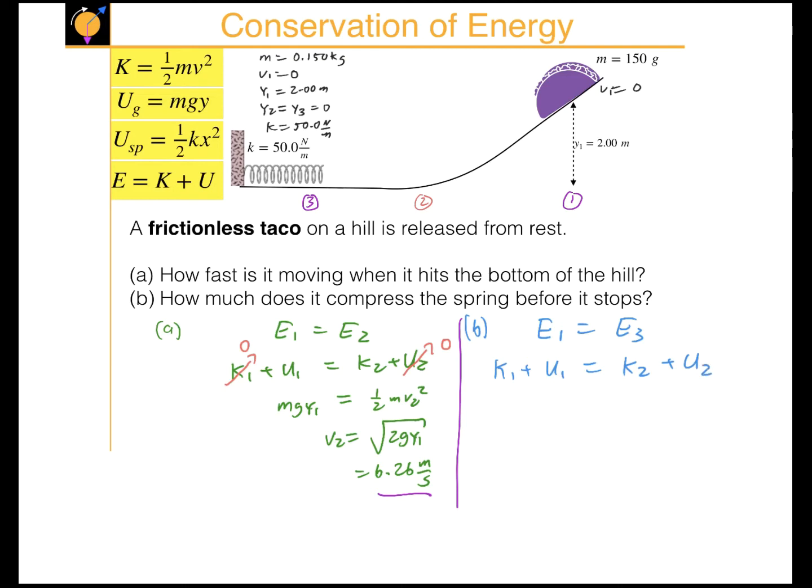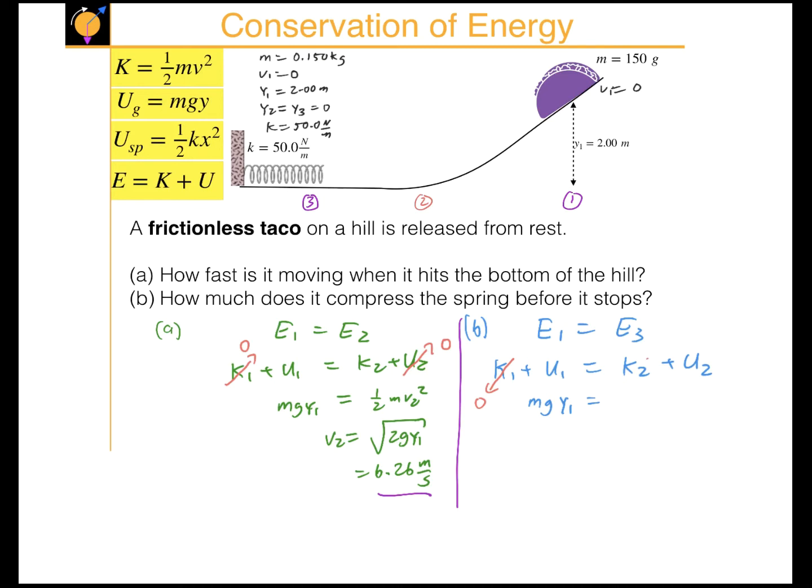So here is the important part. Same as before, at the top of the hill, when we release it, it's at rest, so that's still 0, and the only energy is mgy1, the only potential energy. That's at the top of the hill. Now, when it has completely compressed the spring, we let it go, it slides down until it completely compresses the spring and stops.